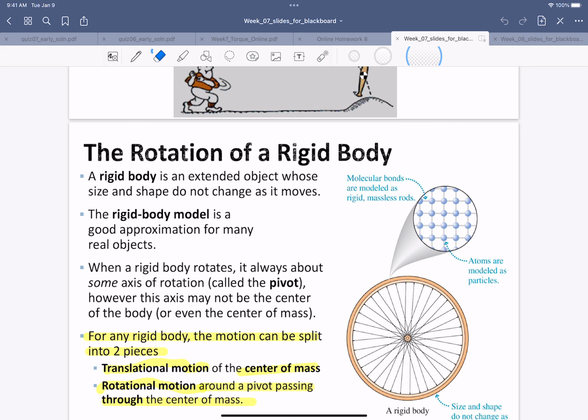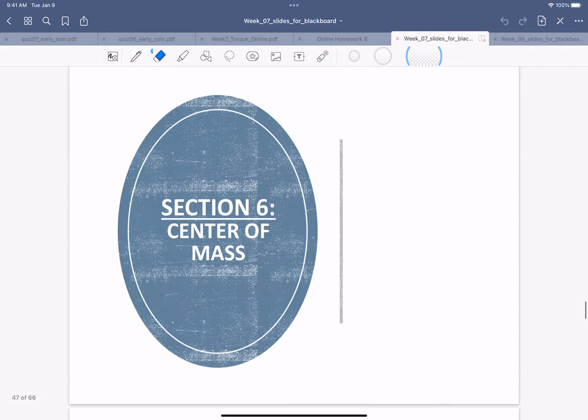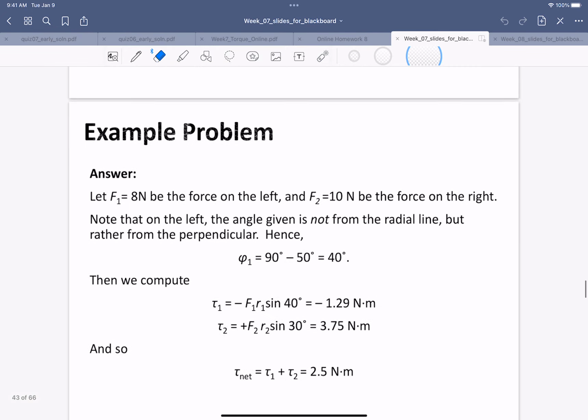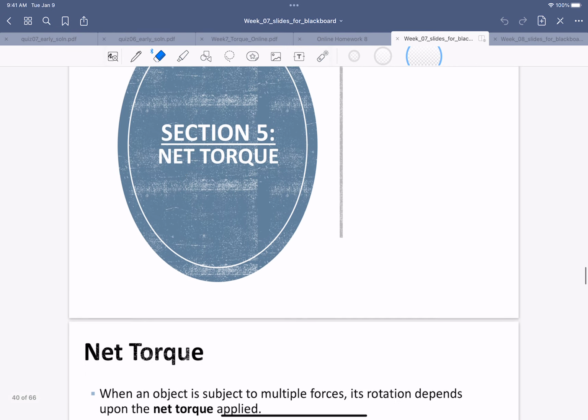Every single point, every distance away from the center axis, is going to have the same angular velocity, because angular velocity is the angle that I cover per unit of time, as opposed to regular speed, which is the actual distance I cover over a certain period of time.